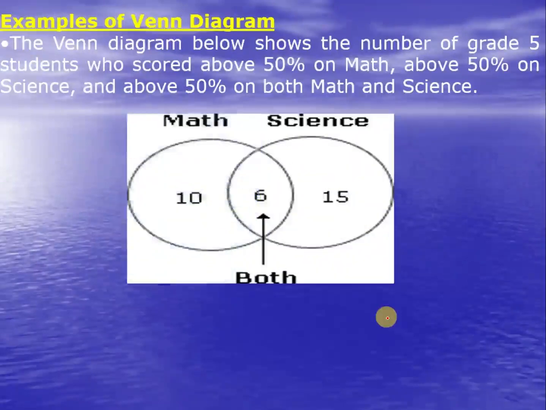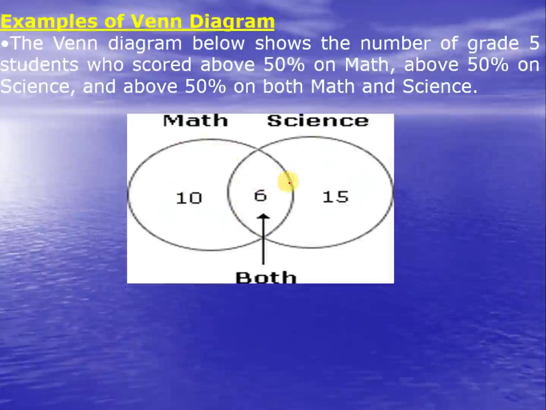It shows the number of grade 5 students who score above 50% on math, above 50% on science, and above 50% on both math and what? Science. So this circle here represents the math, and this circle represents what? The science.